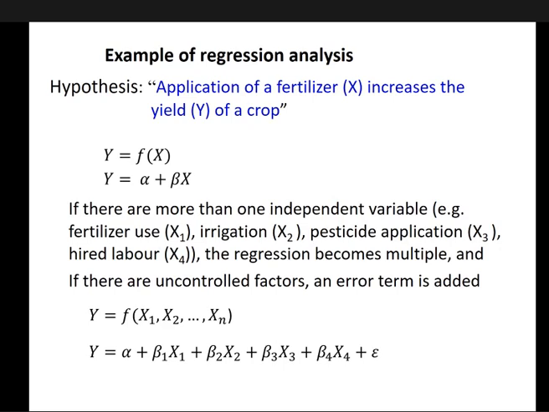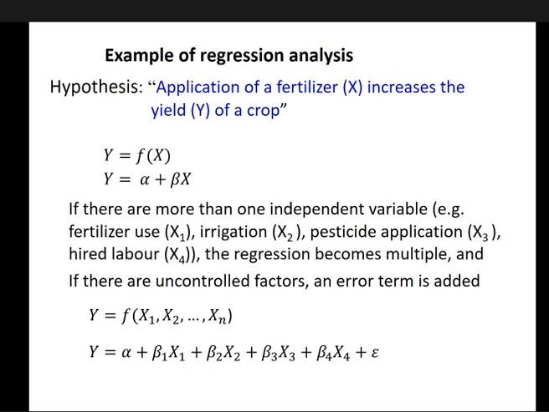For example, X1 has a positive coefficient, beta 1, and it implies that if you increase the amount of X1, which is the fertilizer, the yield of this crop will increase by the level of the coefficient that the results will give you.